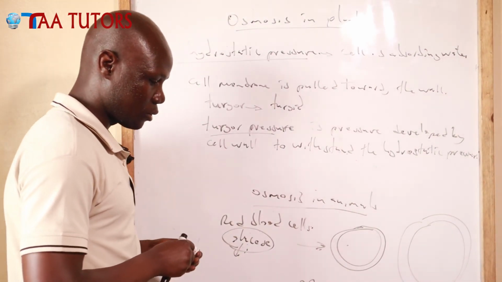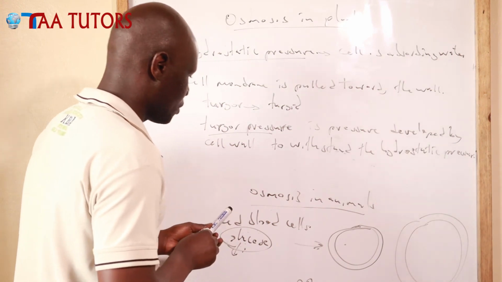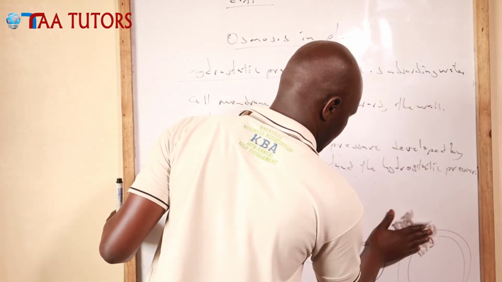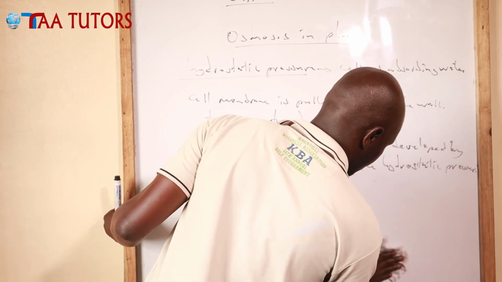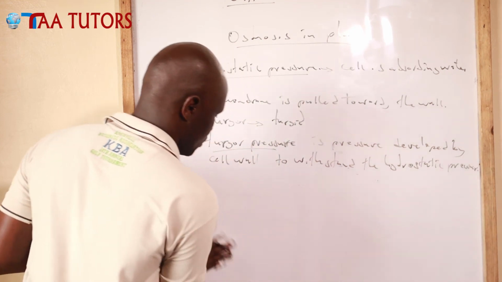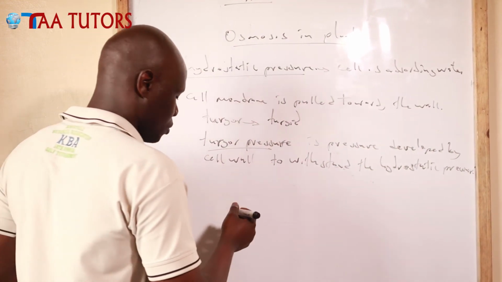Equally, the cells can also lose water, and when they are losing water, the shape will change. The cell will become small and become plasmolyzed, because they have lost the water content.